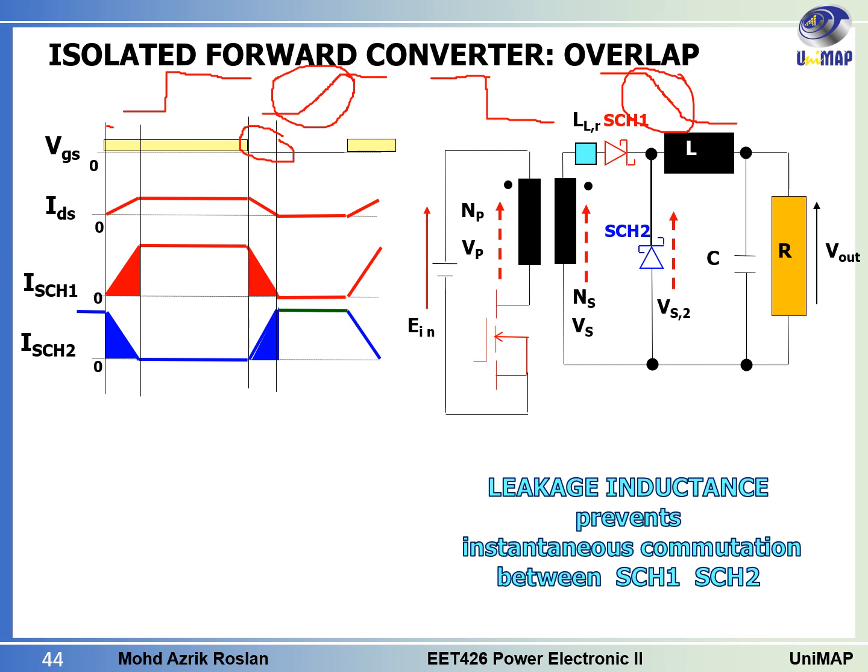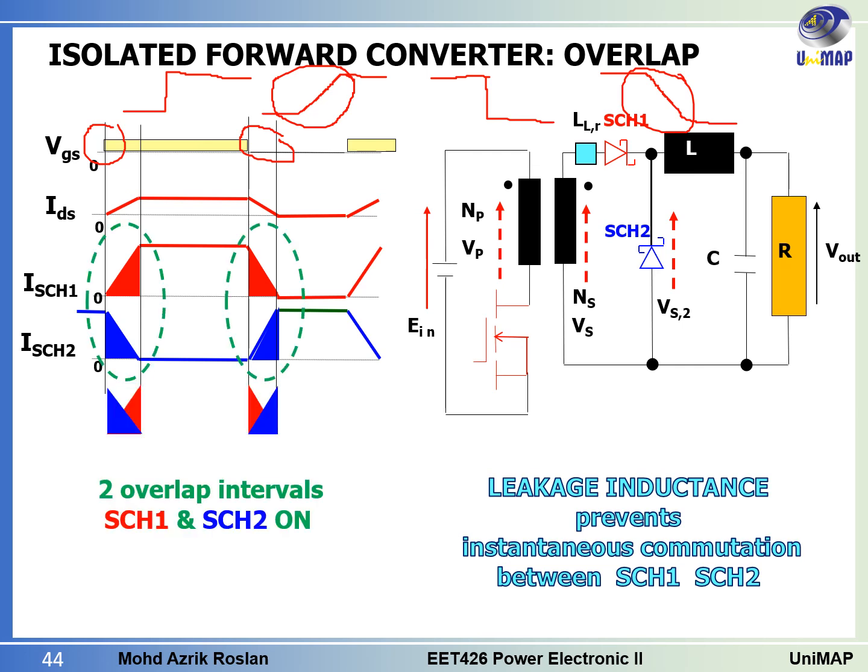Okay, at the transition when the VGS is off to VGS is on, and at this point. So during this time we will have two overlaps. Okay, so this is one overlap and this is the second overlap between the Schottky 1 and Schottky 2 current.